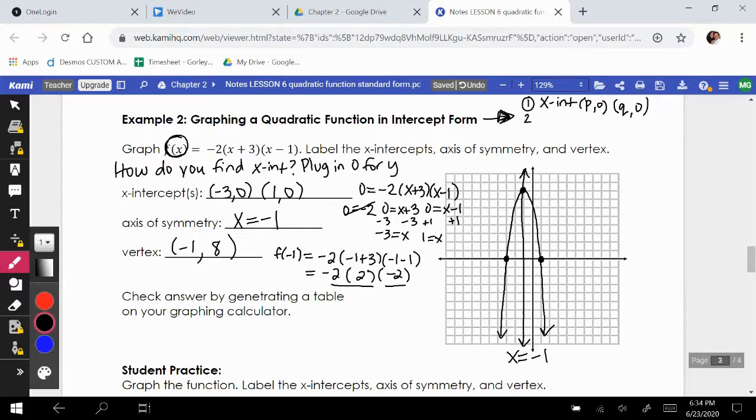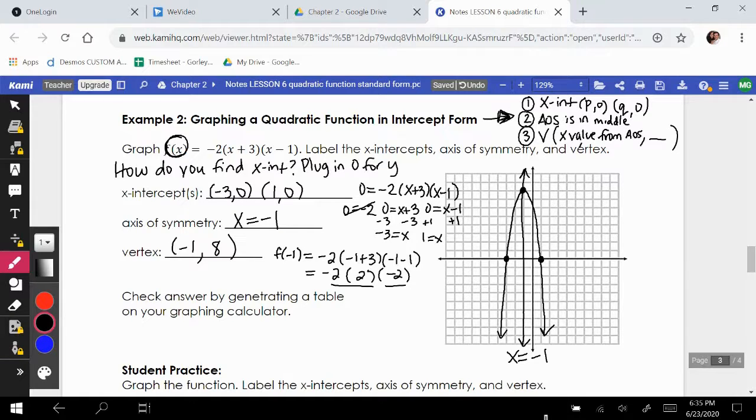Once we got the x-intercepts, we look smack dab in the middle to get the axis of symmetry. Axis of symmetry is in the middle of those x-intercepts. Okay, and then once we got the axis of symmetry, that gave us the x value of the vertex, the x value from axis of symmetry, and then we'll plug it back in order to get the y value.